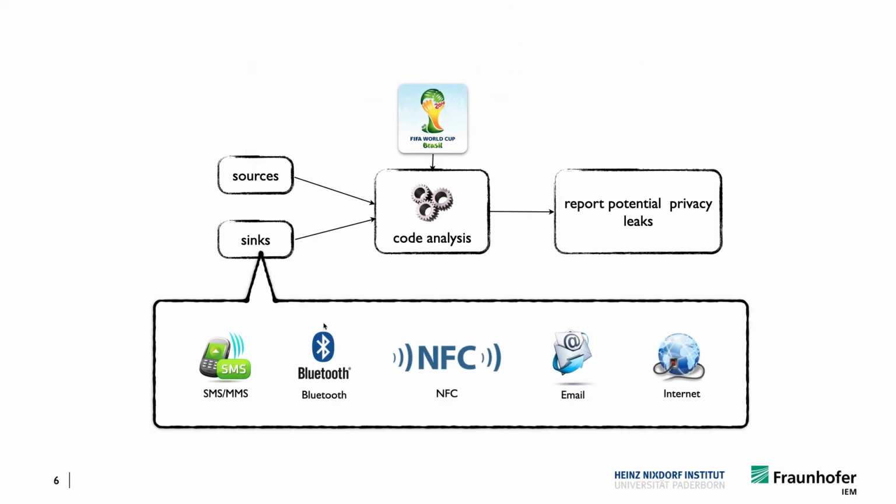And then there are also sinks. These are communication channels through which this data can be exfiltrated off your phone. For instance, we are looking into channels such as, again, SMS and MMS, but also Bluetooth, NFC, email, or the internet for that matter.